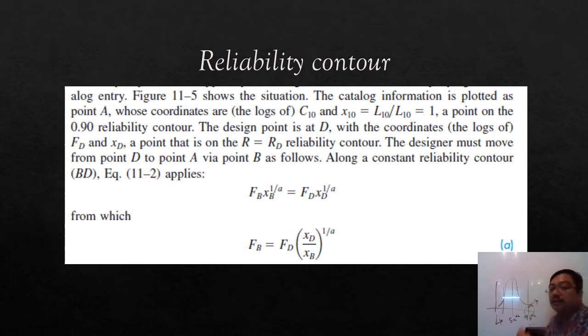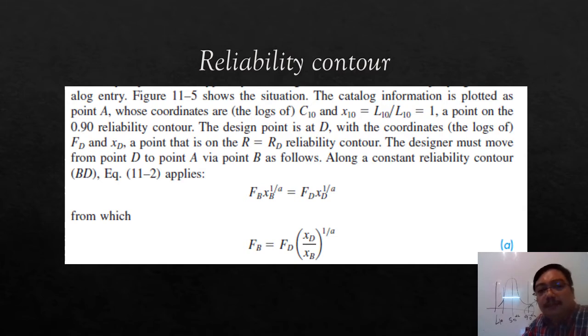Beyond this is very dangerous, as the bearing itself may be prone to failure. The design point is at D, with coordinates of log FD and xD, a point where R goes to RD. We see the graph after this.